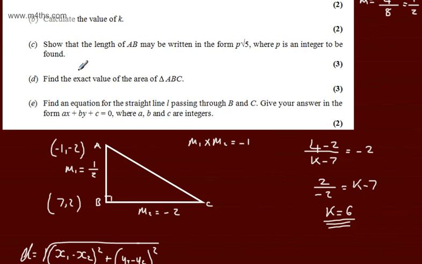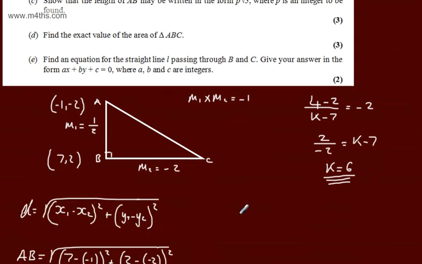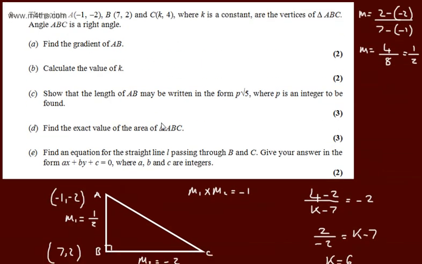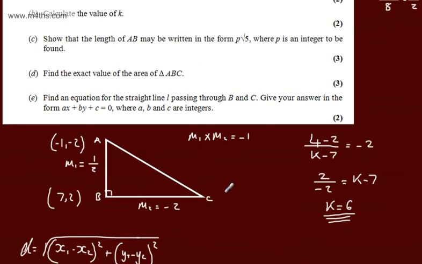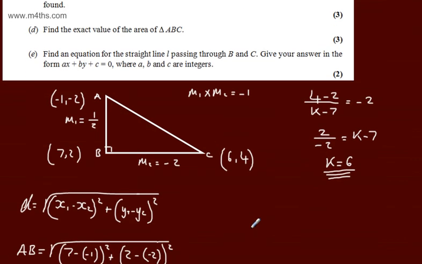We now need to find the exact value of the area of ABC. So we've got the triangle ABC. Now we know that the area is 1/2 base times height. We found the value of k, such that we can write that C has the coordinates (6, 4). So at this stage I'm going to find the length BC.